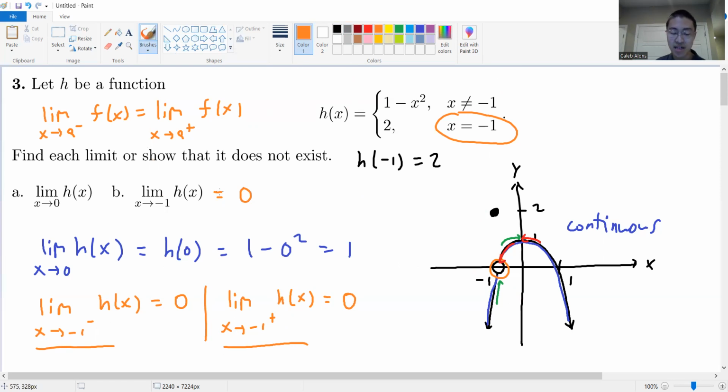Now, this again does not show that it is continuous. In order for it to be continuous, h of -1 would also have to be 0. It is not. In this case, we have moved it up to the value 2. And so it's not continuous, but this limit exists. Both limits exist, but only one of them is continuous.